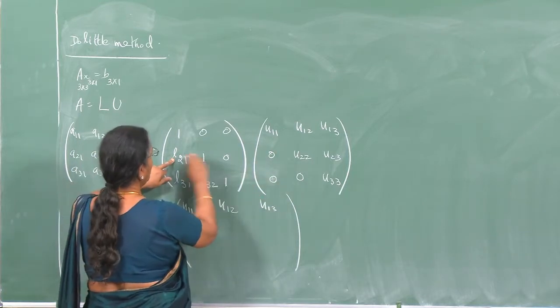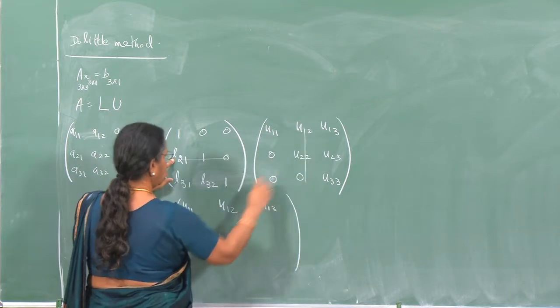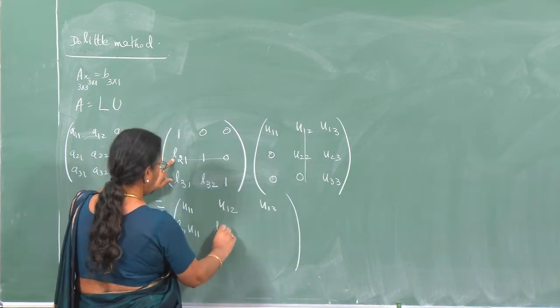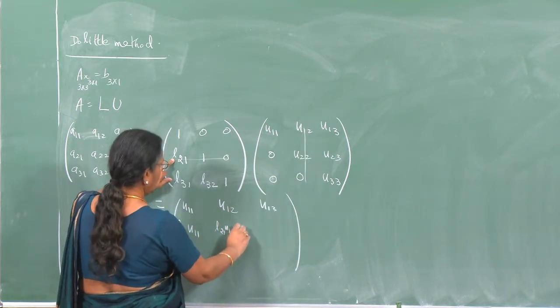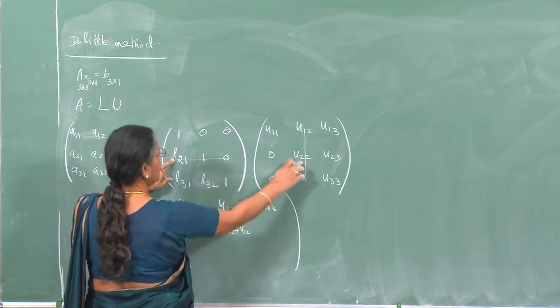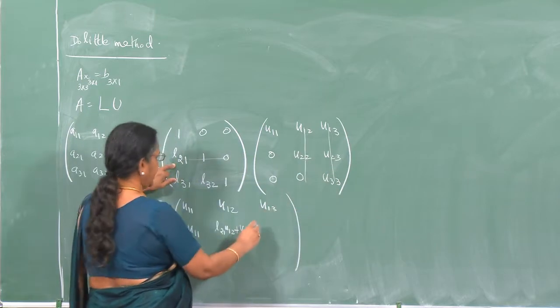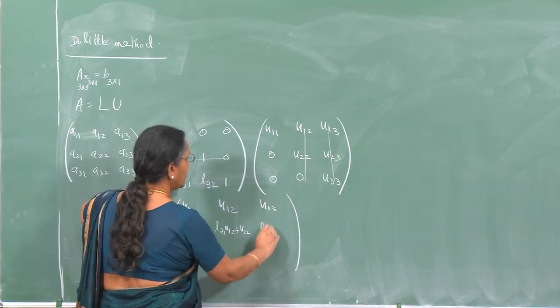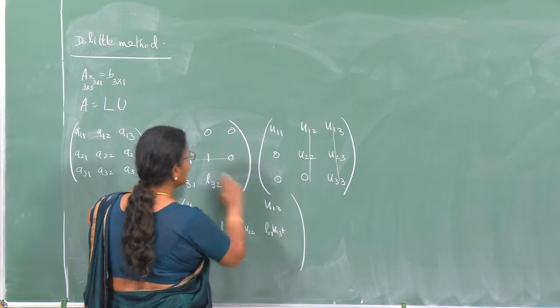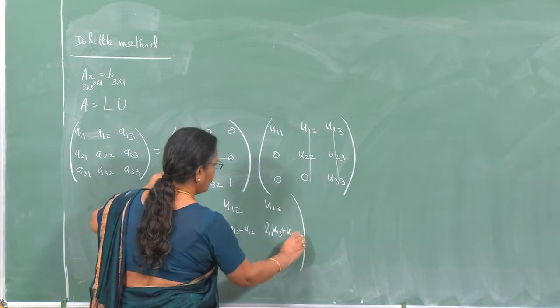Then the second row into the second column will give you L21 into U12 plus 1 into U22. Second row into the third column will give you L21 into U13 plus 1 into U23.